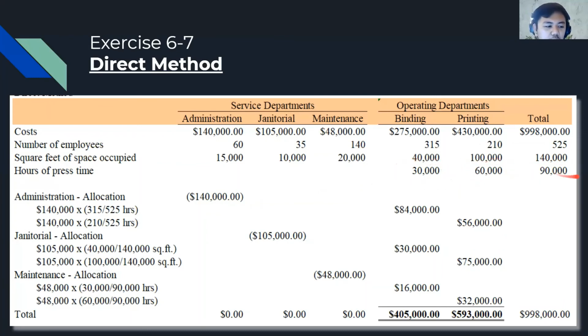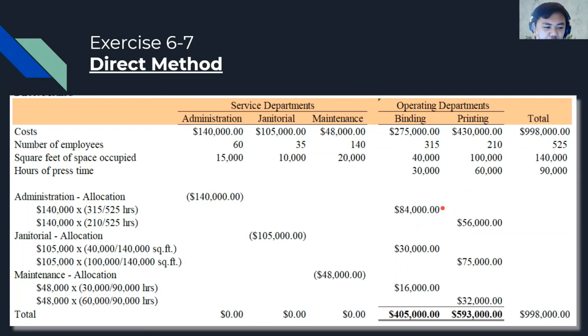So here we'll just directly allocate the service department cost to the operating departments. For the administration, the 140,000 total cost multiplied by the 315 number of employees over the 525 number of employees is equal to 84,000.